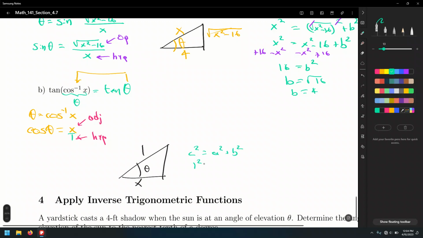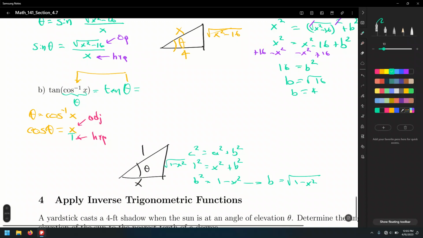And c squared, that's 1 squared, equals x squared plus b squared. And b squared equals 1 minus x squared, where b will be the square root of 1 minus x squared. That is this length. And now we have all the information required to get this tangent function.